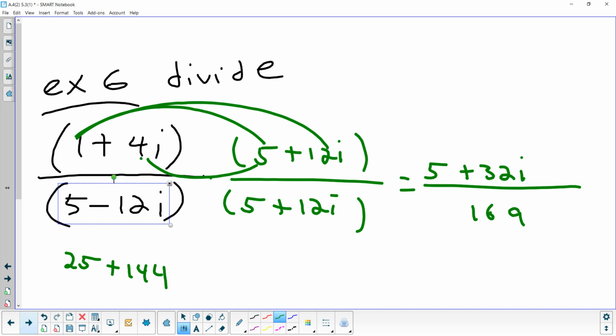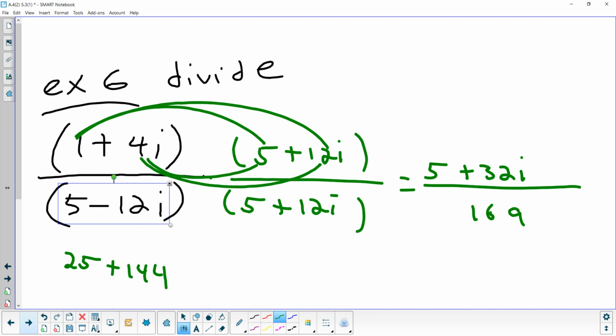And then we're going to have positive 4i times positive 12i. What's 4i times 12i? 48.